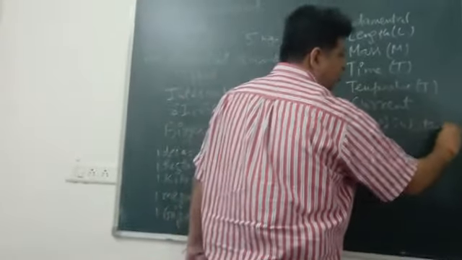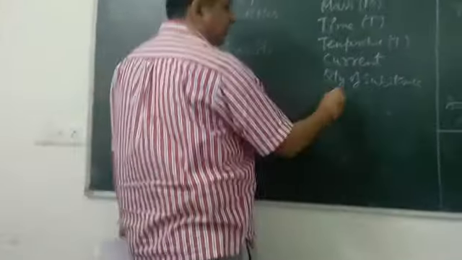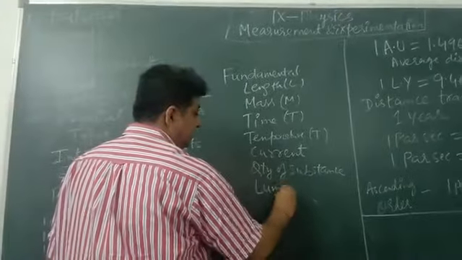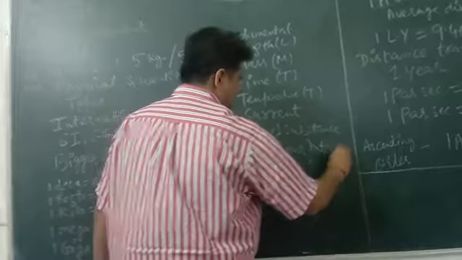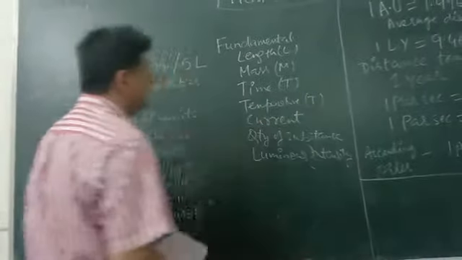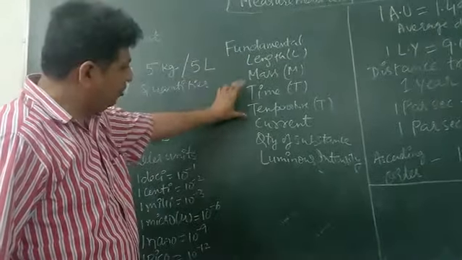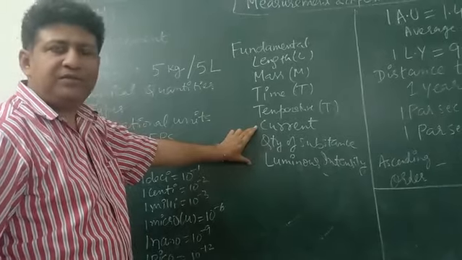You will learn more about this in chemistry. We have luminous intensity. So we have 7 fundamental physical quantities.